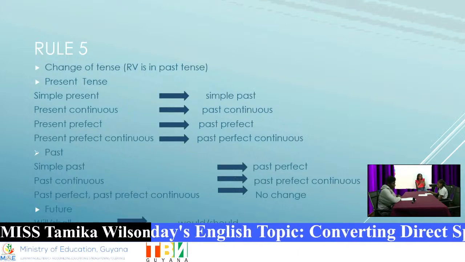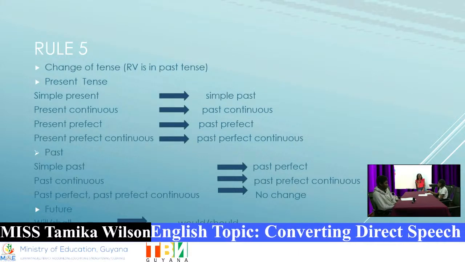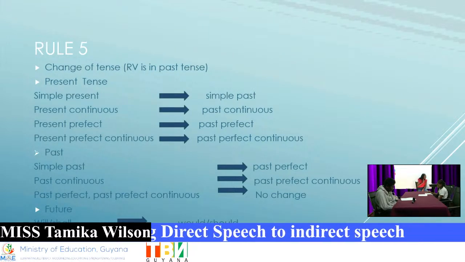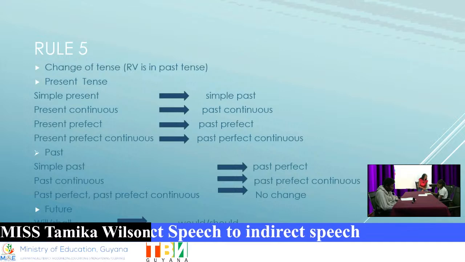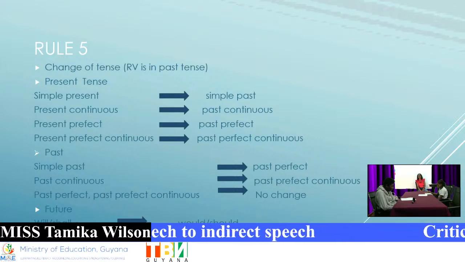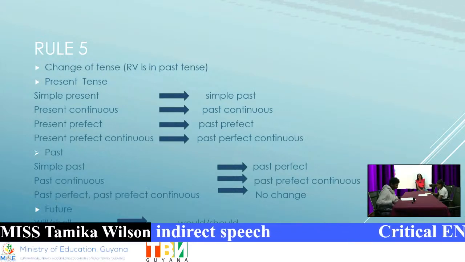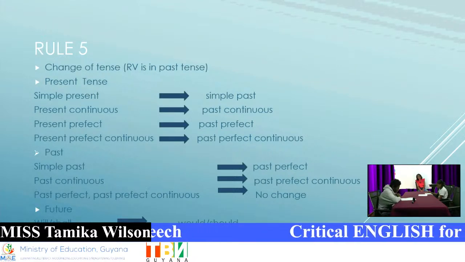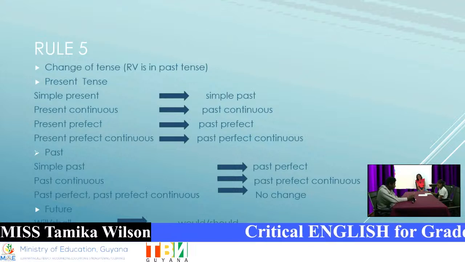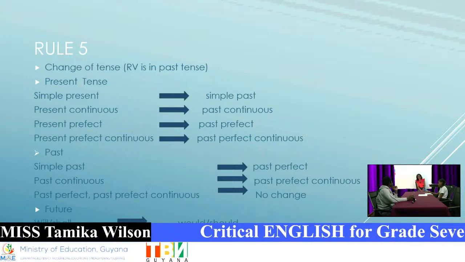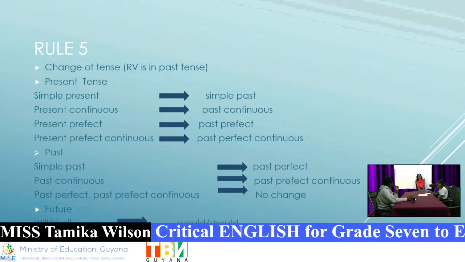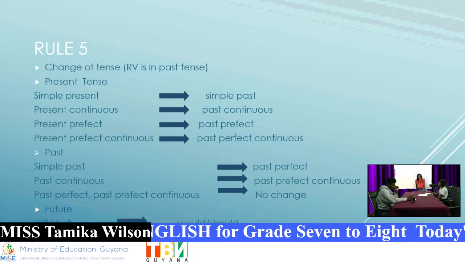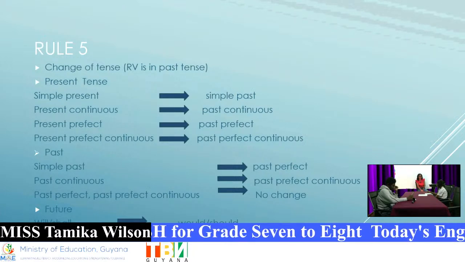Simple past will now convert to the past perfect. The past continuous becomes past perfect continuous. There is no change to the past perfect verbs. So they can't change to anything else. That's where the change stops. Making sense? You're following? Yes. All right, we're going to see how the rule works when we look at an example and actually try to use these steps to help us get through it.